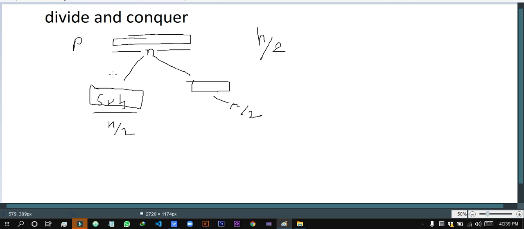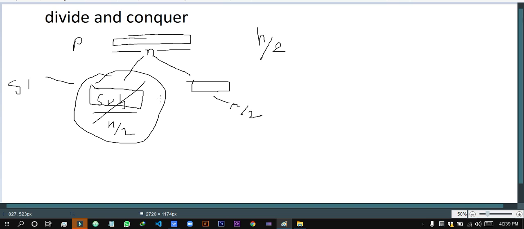Let's suppose anyhow I sorted this array. We're just imagining that I sorted it. We will learn further how to sort, and we'll discuss it later.